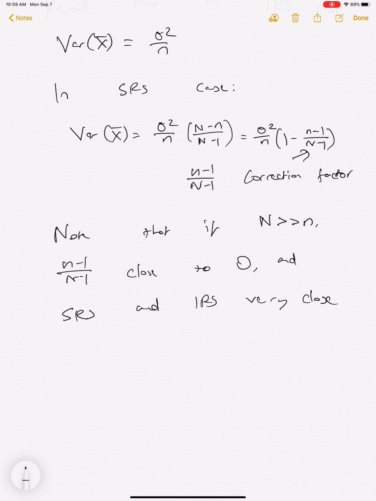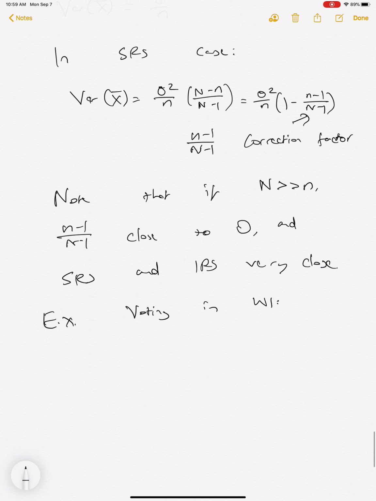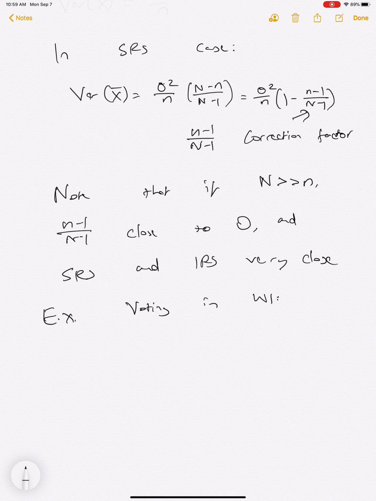So, just to go back to the concrete example of voting in Wisconsin. If we consider voting in Wisconsin, remember that we had little n was 100 and big N was about 6 million.